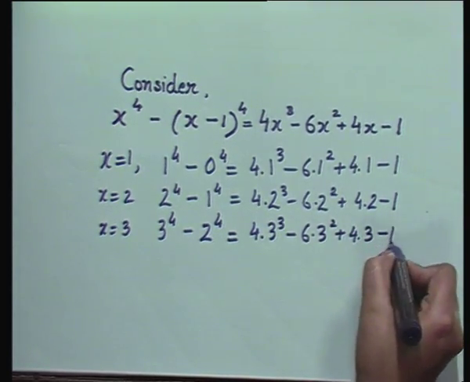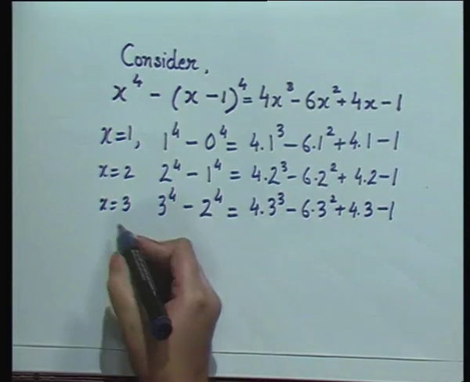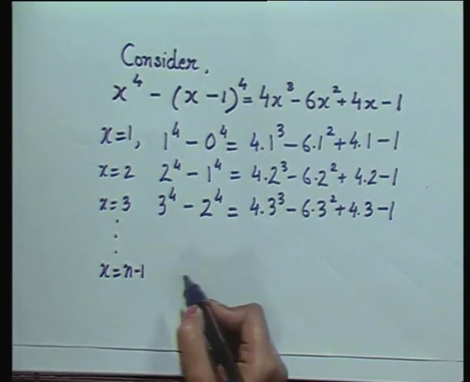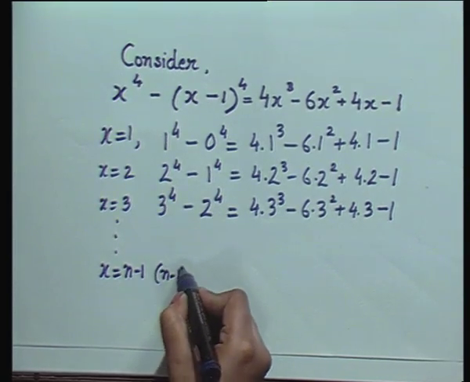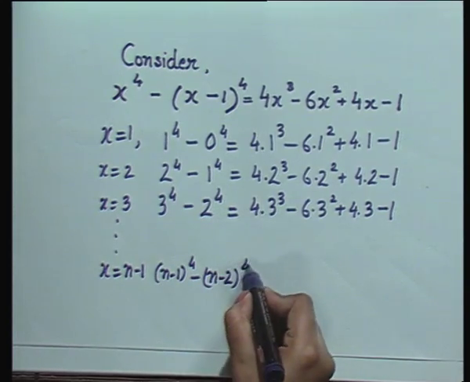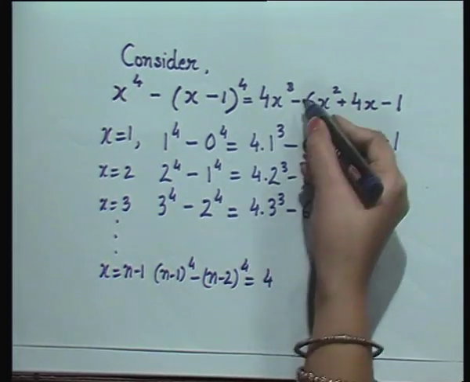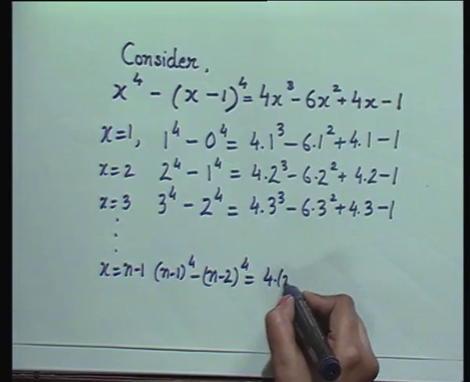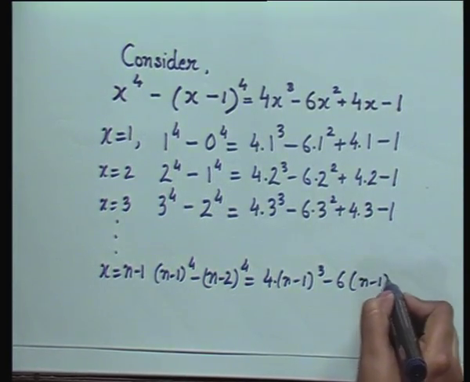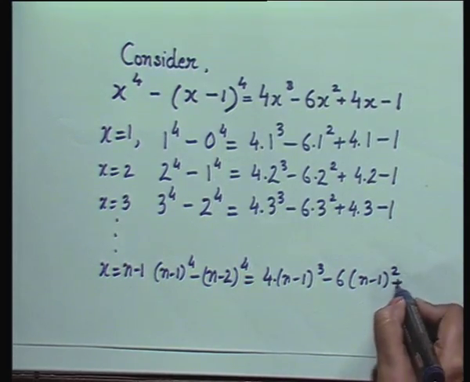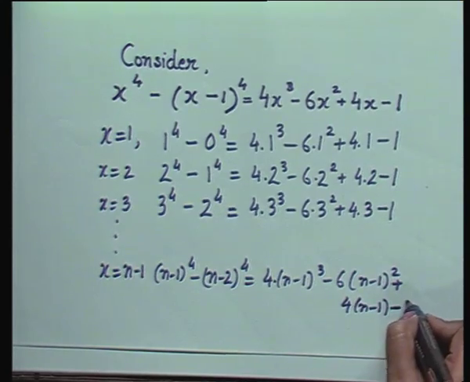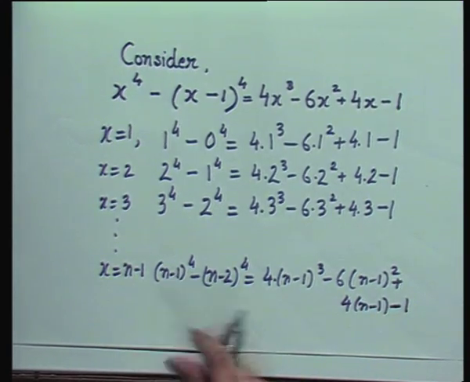Keep going on till you take x is equal to n minus 1, and you will have (n minus 1) to the power 4 minus (n minus 2) to the power 4 is equal to, mechanically replacing x by n minus 1, 4 into (n minus 1) cube minus 6 into (n minus 1) whole square plus 4 into (n minus 1) minus 1.